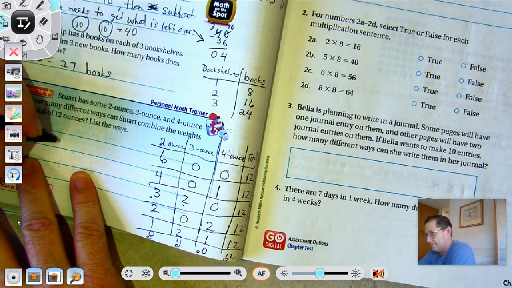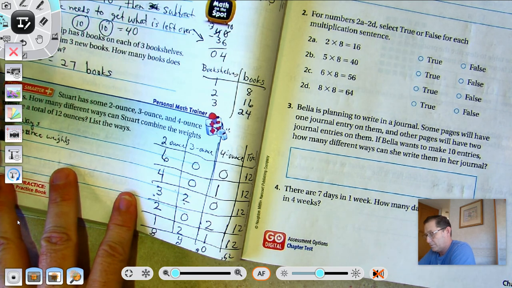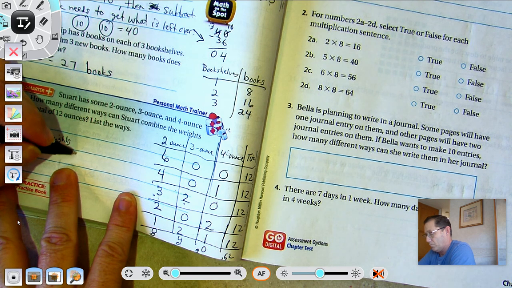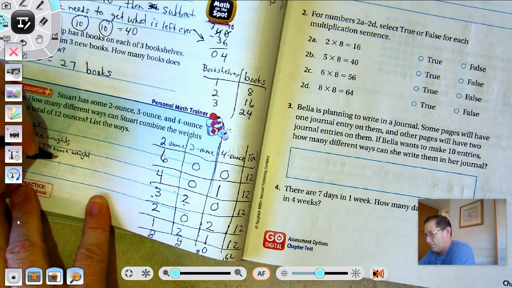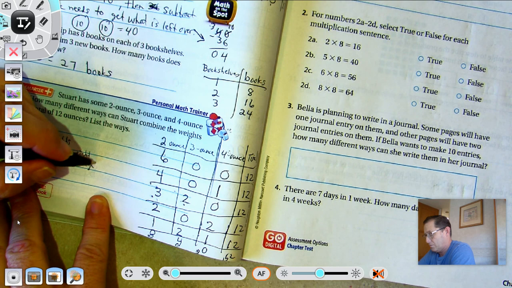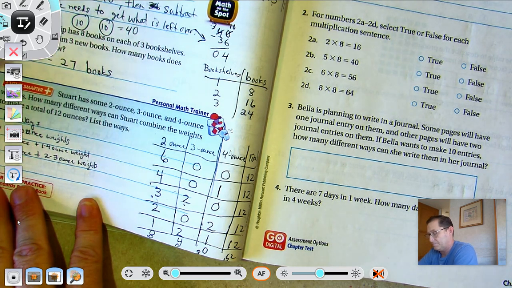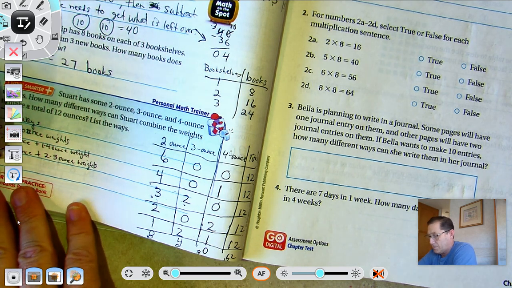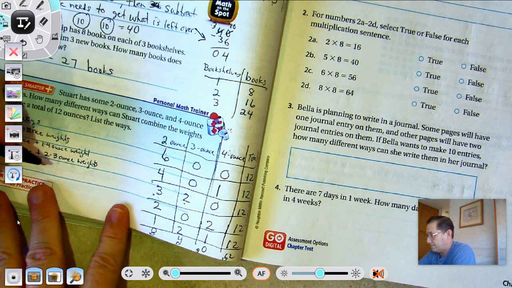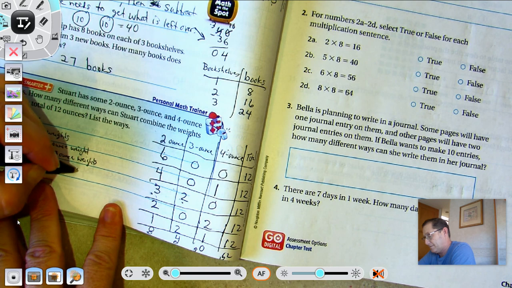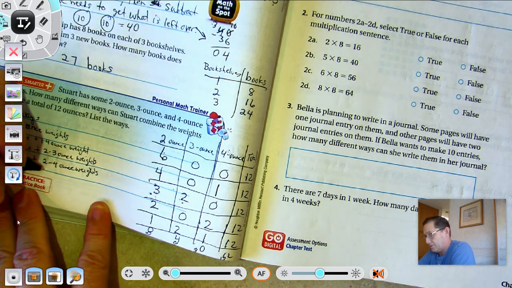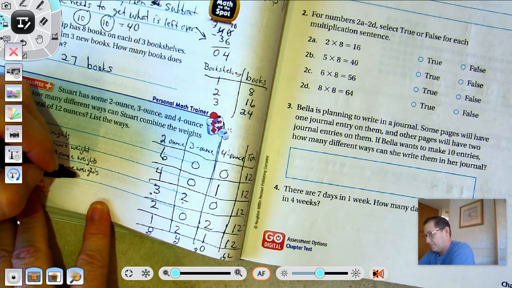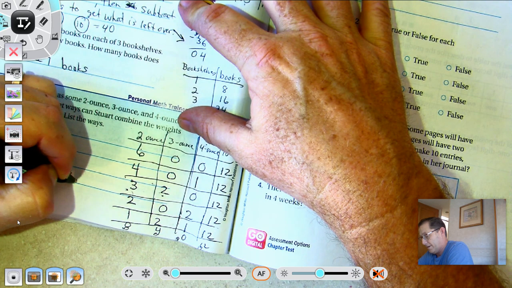So 6 2-ounce weights; 4 2-ounce plus 1 4-ounce weight; 3 2-ounce weights plus 2 3-ounce weights; 2 2-ounce weights plus 2 4-ounce weights; 1 2-ounce weight plus 2 3-ounce weights plus 1 4-ounce weight.